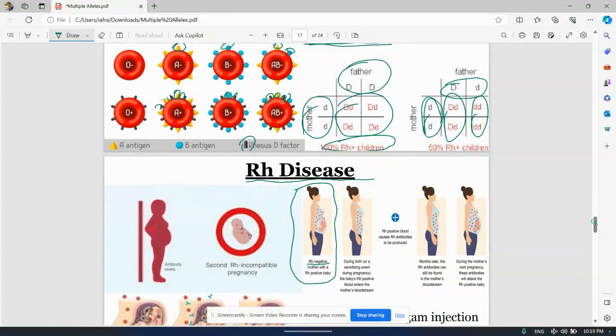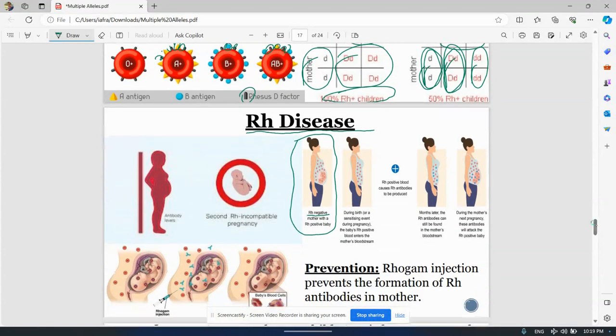Here's an Rh negative mother, and here are some Rh positive children they can have. That Rh positive baby is going to produce the Rh positive protein, the rhesus factor, and that will actually enter the mother's bloodstream.